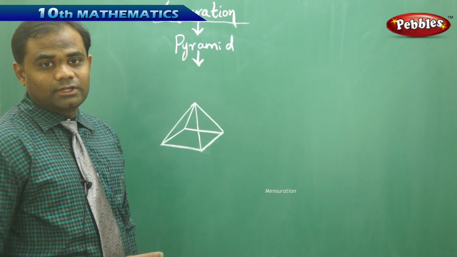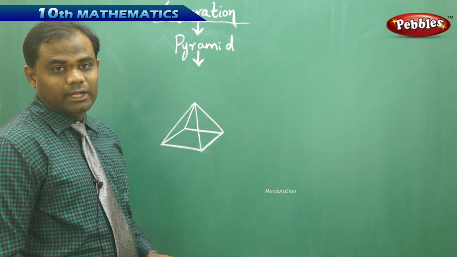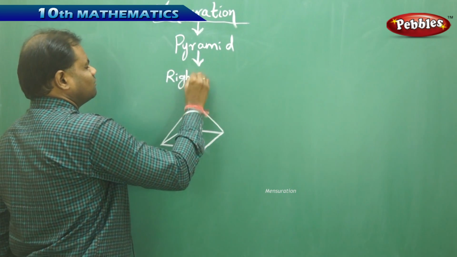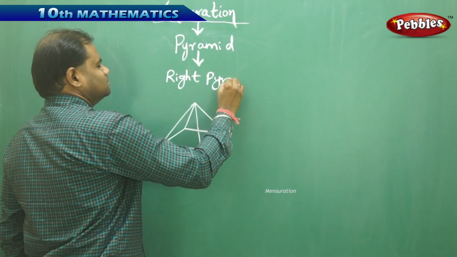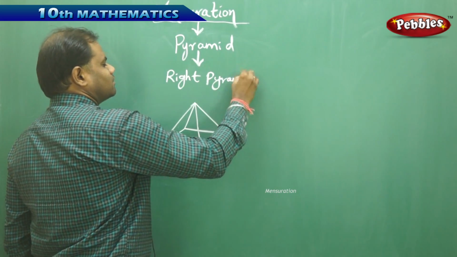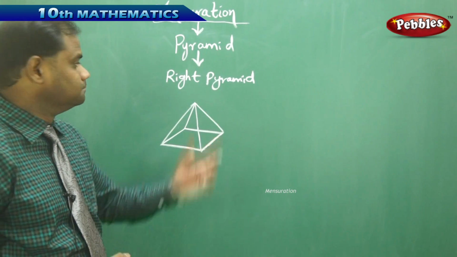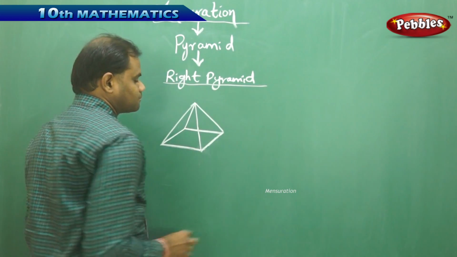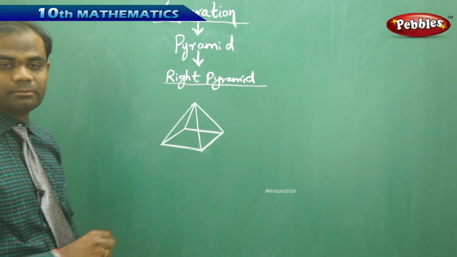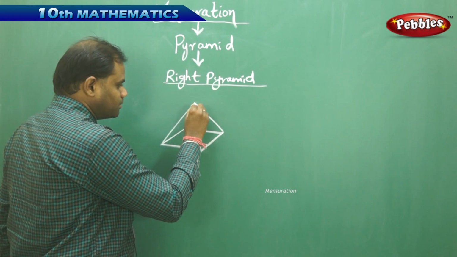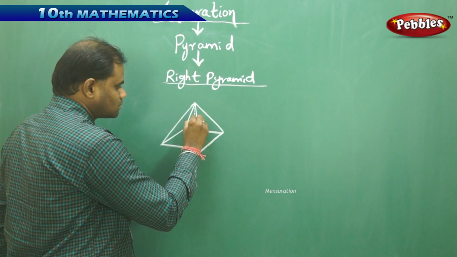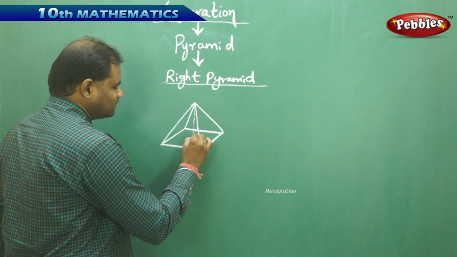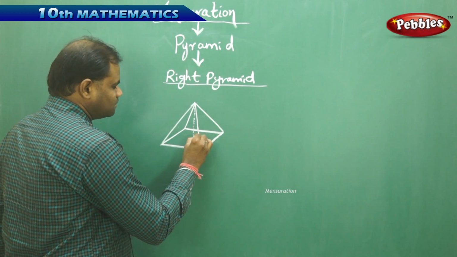So in this case, we are going to exclusively study about right pyramids because right pyramids are the one which help us in deriving the formulae for the right pyramids. So what is a right pyramid? A right pyramid is a pyramid where when I join the vertex to the base, I need to have this perpendicular.